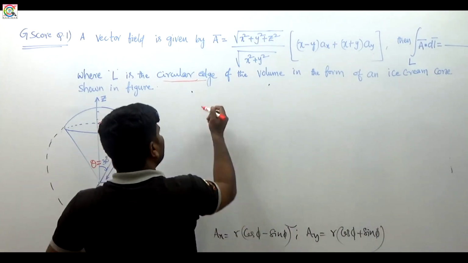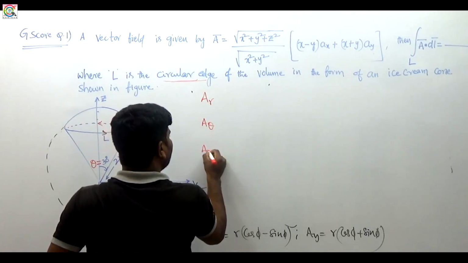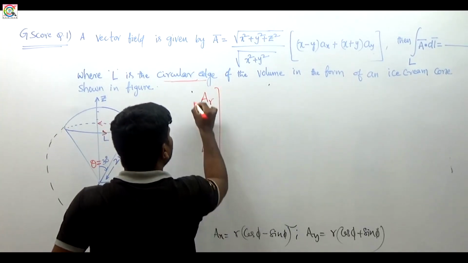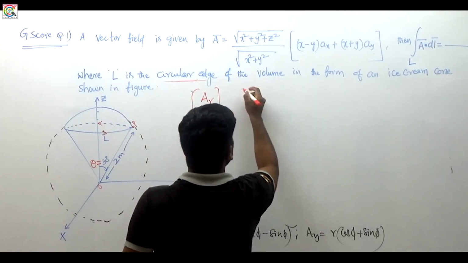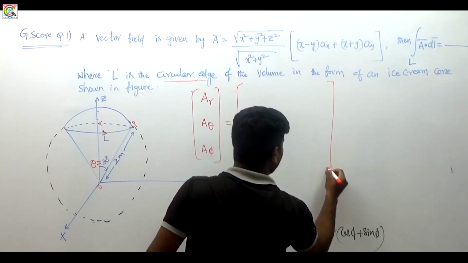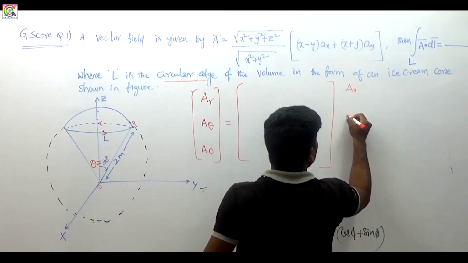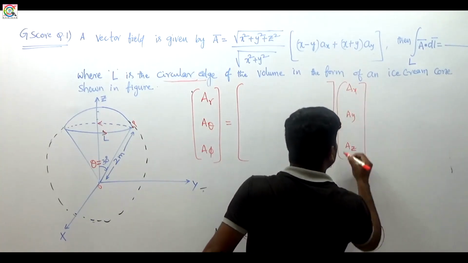I want to calculate Ar, A theta, A phi from Ax, Ay, Az. So I have to use this transformation matrix.